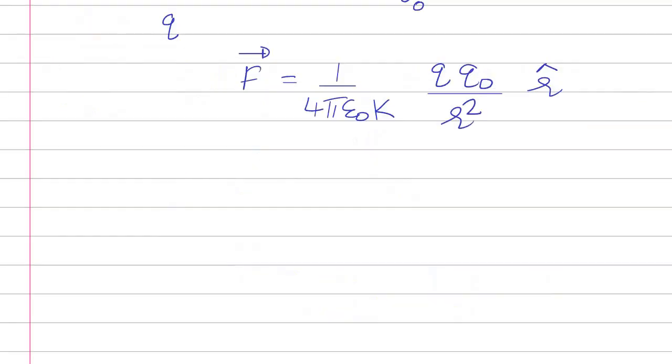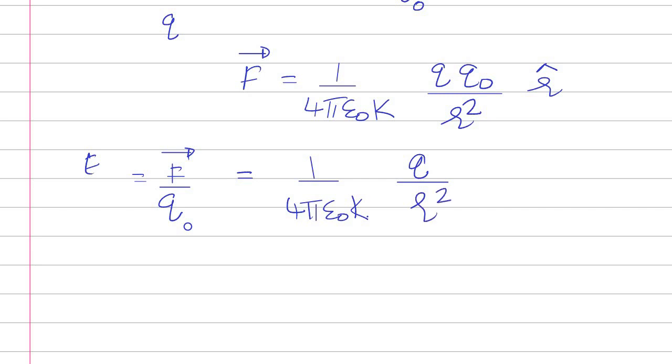Now, electric field intensity E would be defined as the Coulomb force divided by the test charge q0. So obviously this is going to be 1 by 4 pi epsilon 0 k. q0 will get cancelled, so it will be Q by r square r cap, which we just did 2 minutes back in the definition. So that is not a problem.